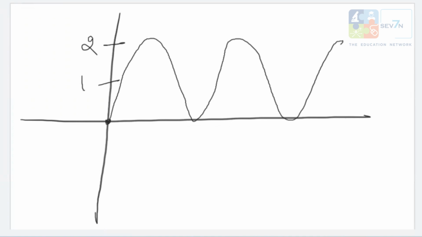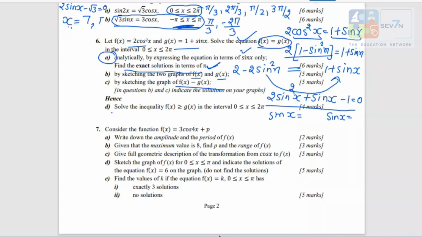Okay. Now, hence solve the inequality f(x) minus g(x) greater than or equal to 0. Now you just write this cos square x greater than or equal to 1 plus sin x.